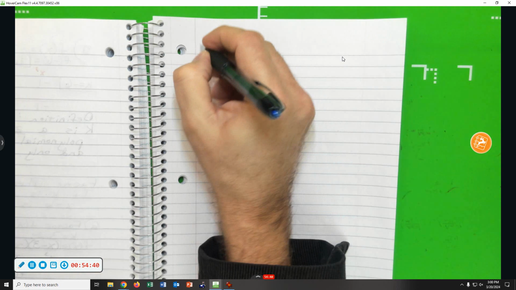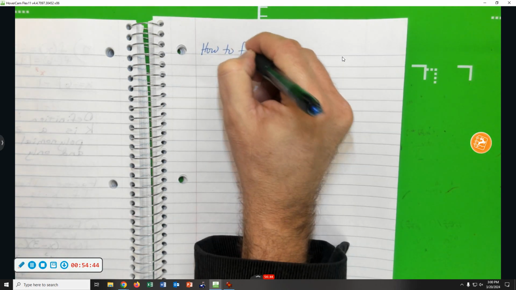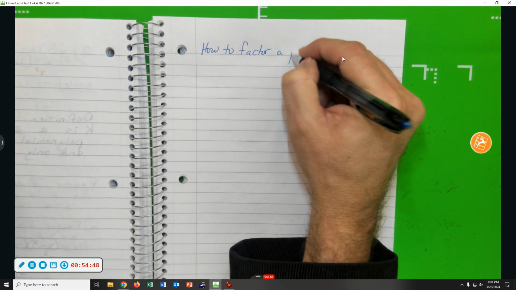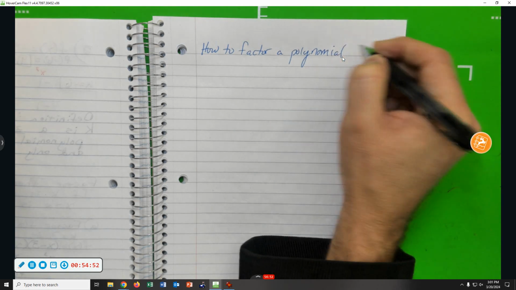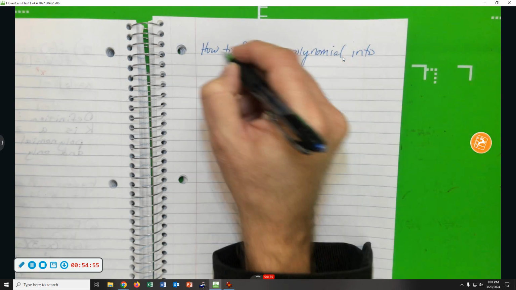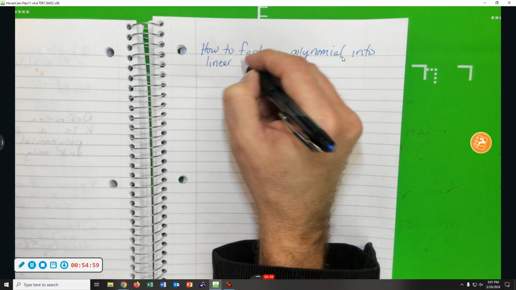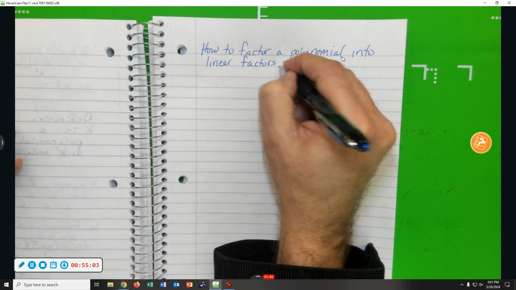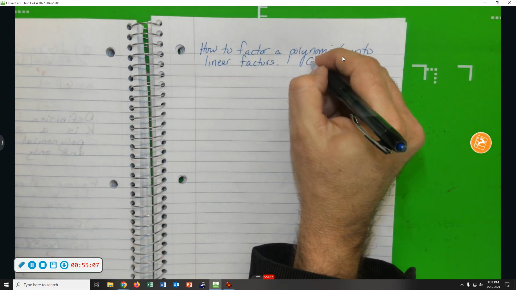So let me write out a strategy. How to factor a polynomial into linear factors. Y'all are only going to have third degree, x cubed, okay? Well, first you have to be given a k value.